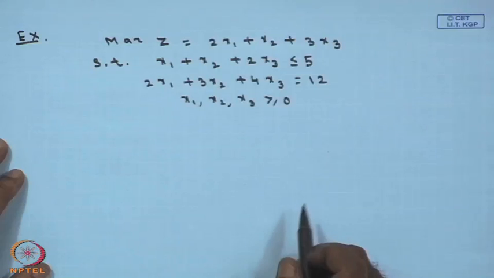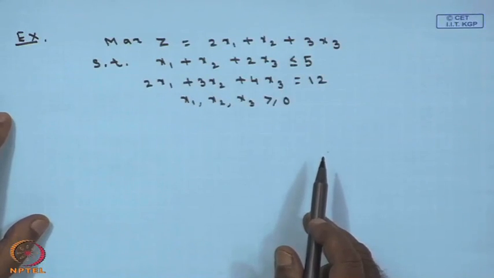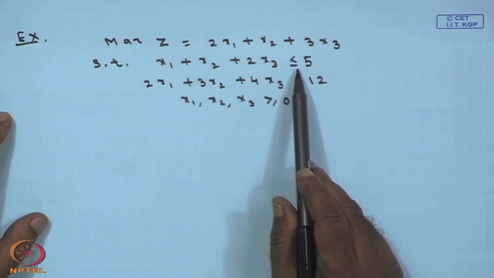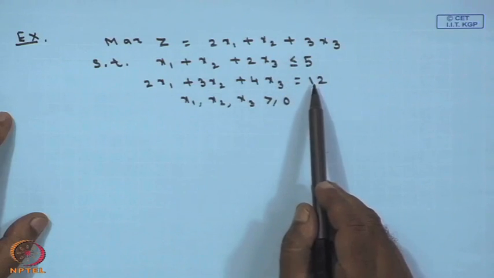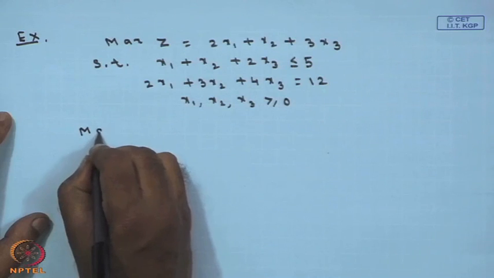So, at first I have to write this LPP into standard form using slack, surplus and artificial variables. For less than or equal to, I have to use one slack variable, whereas for the equality constraint I have to use one artificial variable.